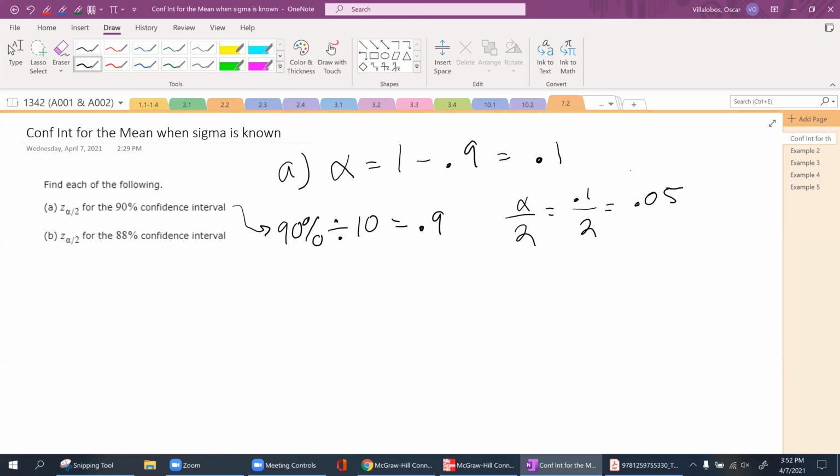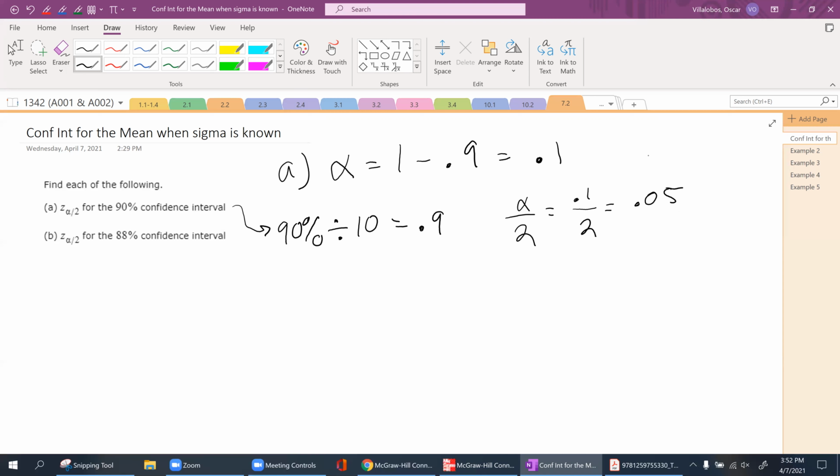This would be the area, the edge point from the tails, for each individual tail. This is my first step.